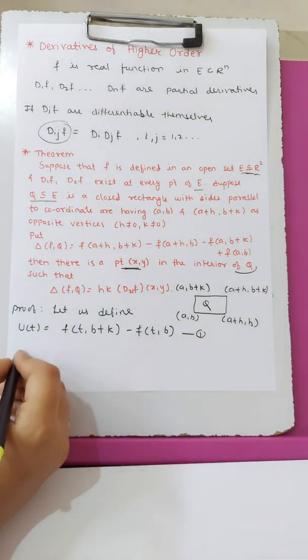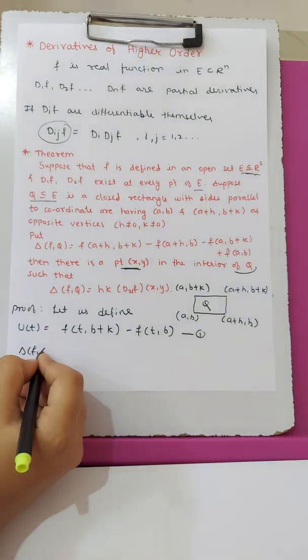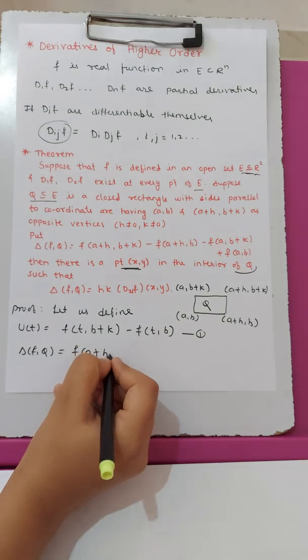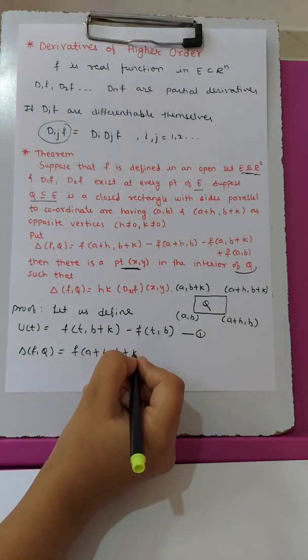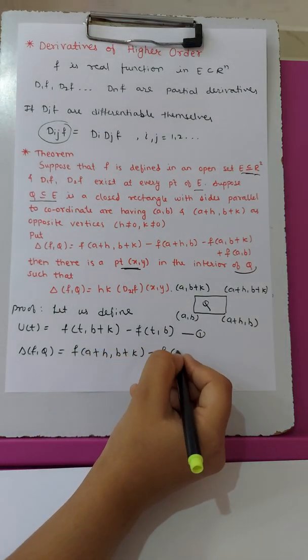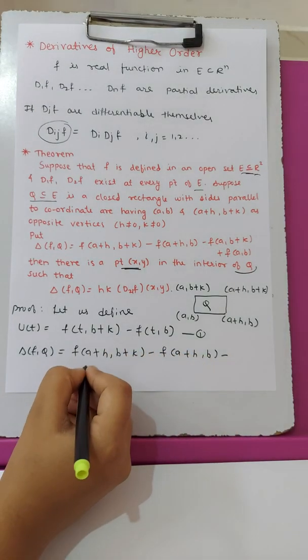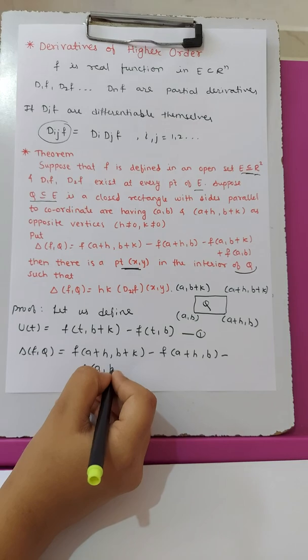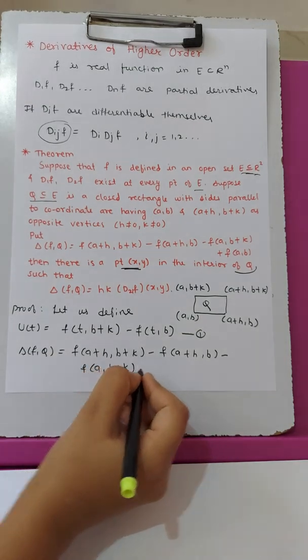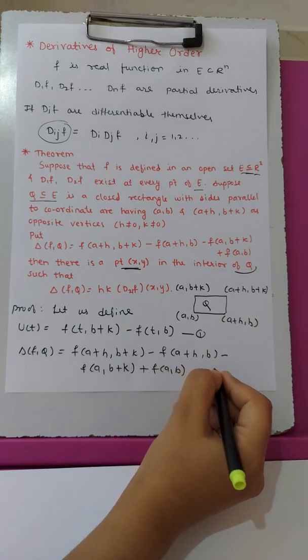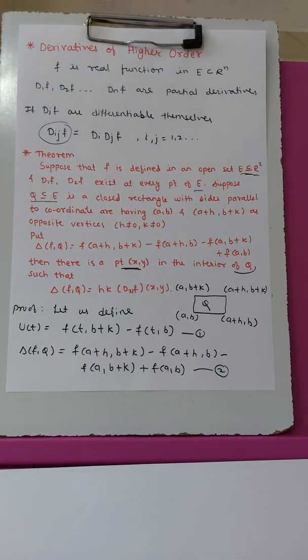Now this delta f(Q) is given, which is f(a plus h, b plus k) minus f(a plus h, b) minus f(a, b plus k) plus f(a, b). So let it be number 2.